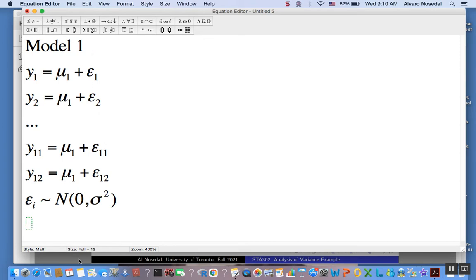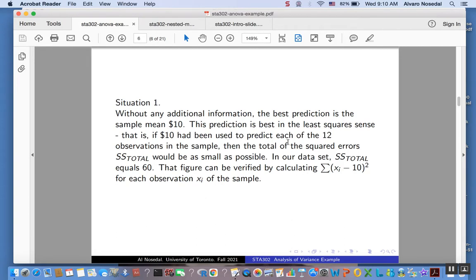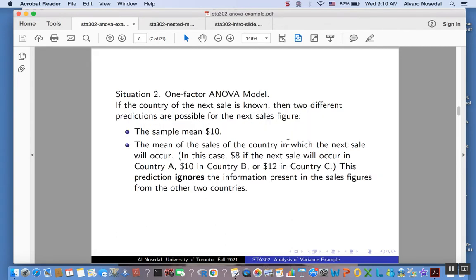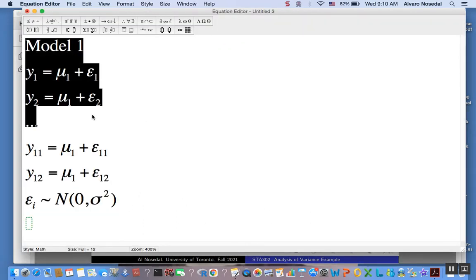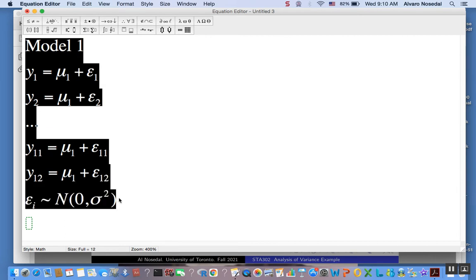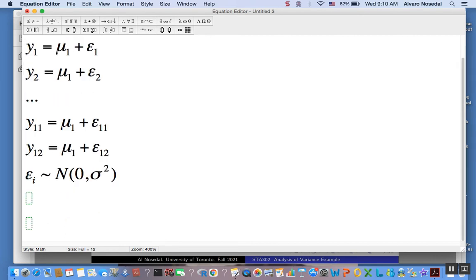Now let's talk about situation number 2. If we're going to be using a different mean depending on the country, basically what we're saying is this. Let me call it model 2 for situation 2.